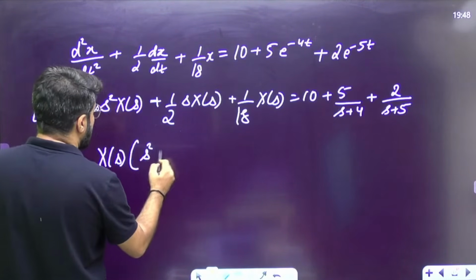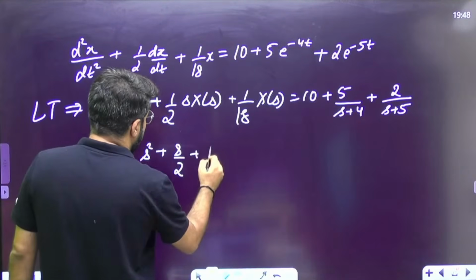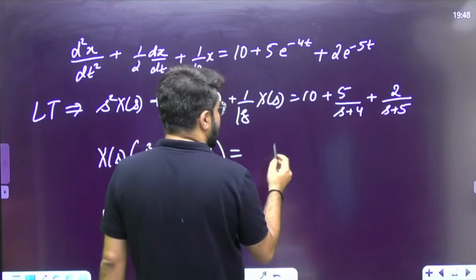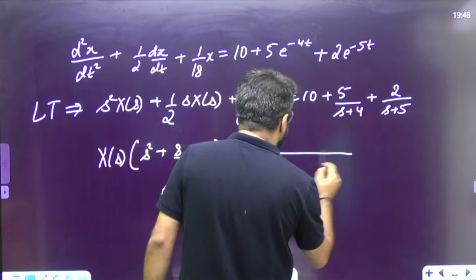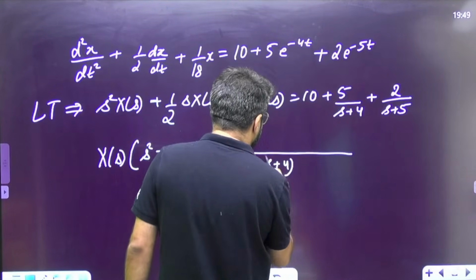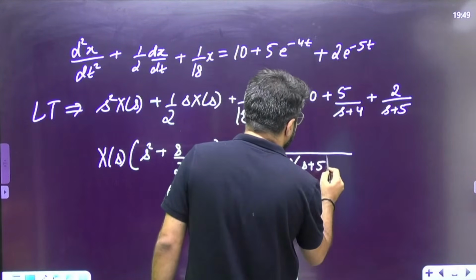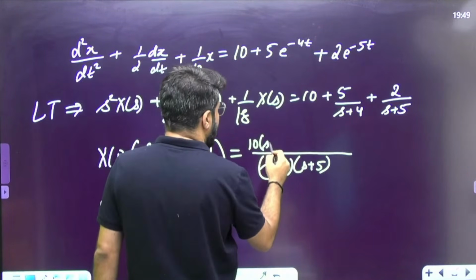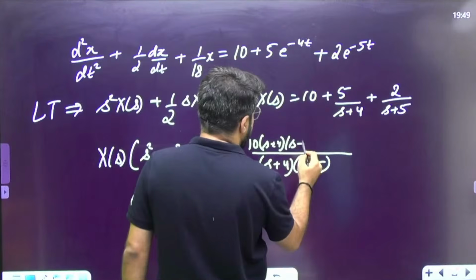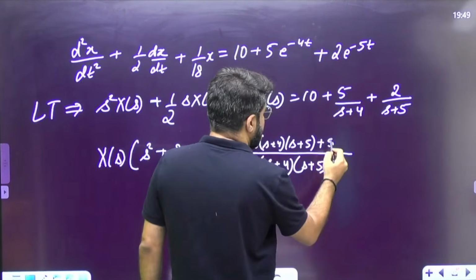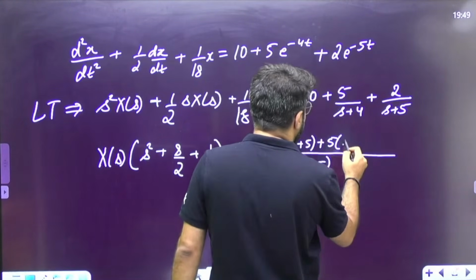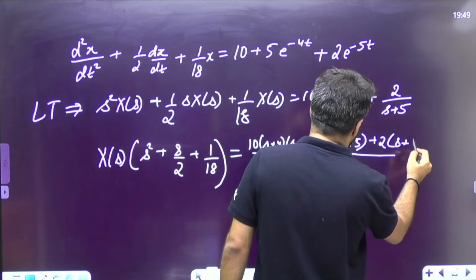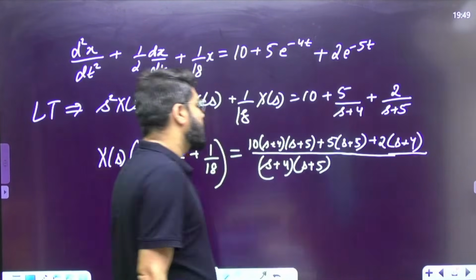On the left side, s square plus s by 2 plus 1 by 18 will be common, and on the right side I'll first simplify a bit. So I'll get s plus 4, s plus 5, and I'll have to multiply 10 by s plus 4, s plus 5, plus here I'll multiply s plus 5, and here I'll multiply twice s plus 4, correct?